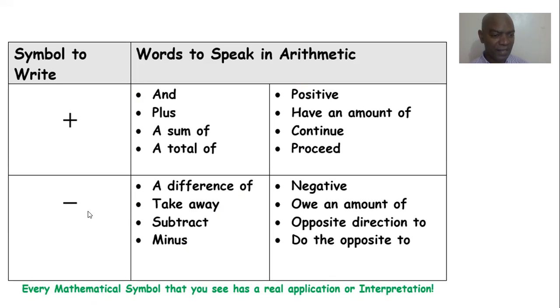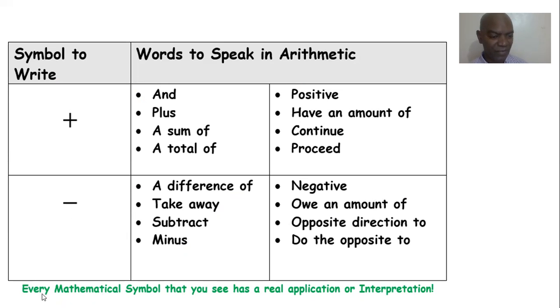Again, when you see the next sign, we say the negative sign, or the subtraction sign, or the minus. Those three are very common. But you can also say a difference of, take away. Apart from subtract, minus, a negative, you can say an amount of, opposite direction to, do the opposite to. All that you can say when you see this symbol.